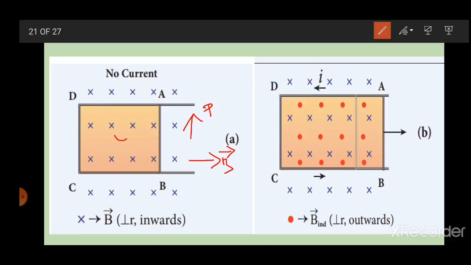These field lines are represented by crosses, that is the magnetic field. A rectangular metallic frame ABCD is placed in this magnetic field with its plane perpendicular to the field.